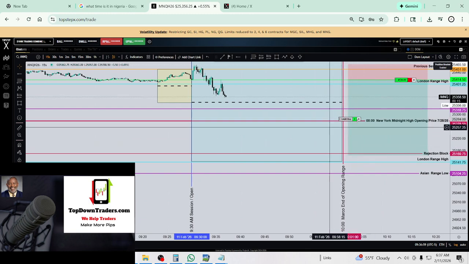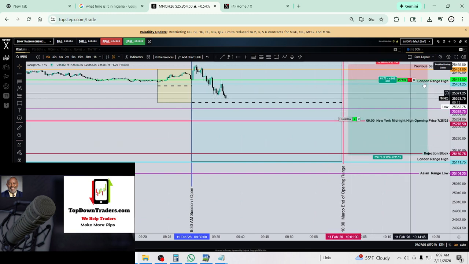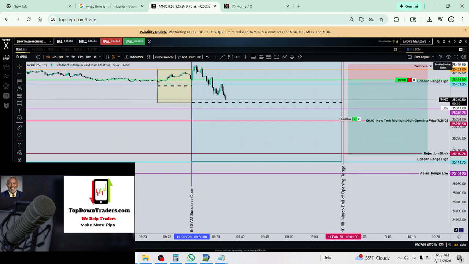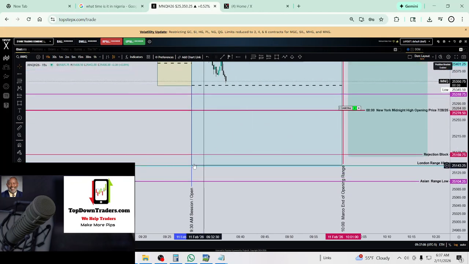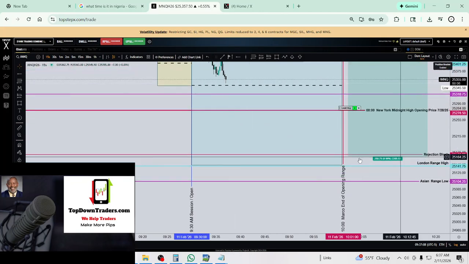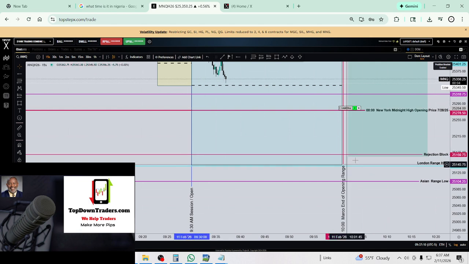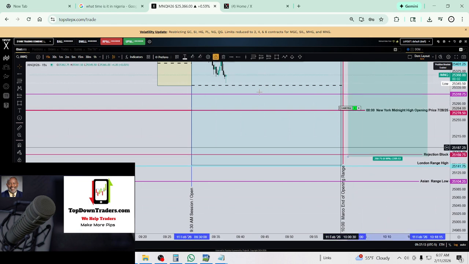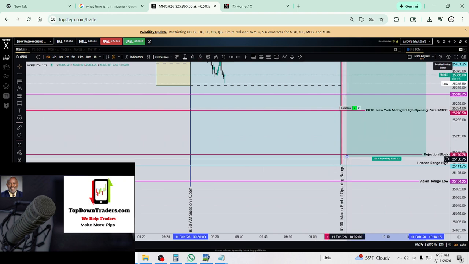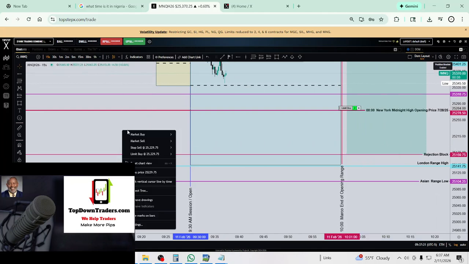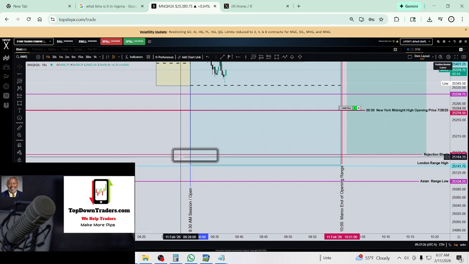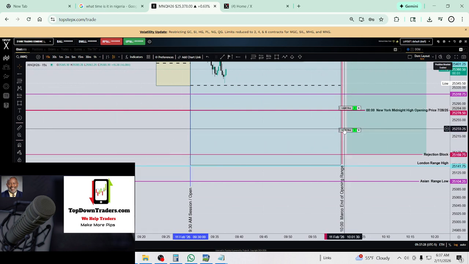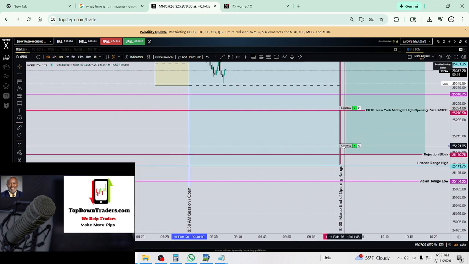Here I'm going to pull off 2 with the buy limit, and it's going to allow 2 to remain, targeting this rejection block area here. So I have that pretty close. And then I'm going to do a buy limit of 1 right here at this rejection block to get out of this trade.